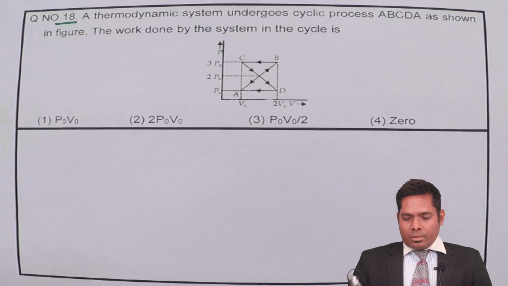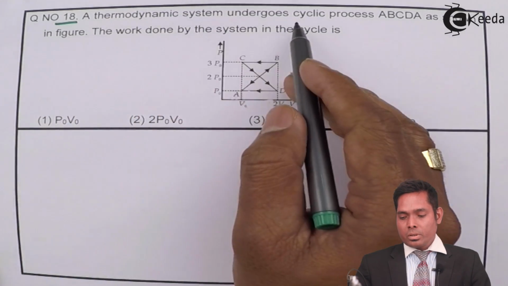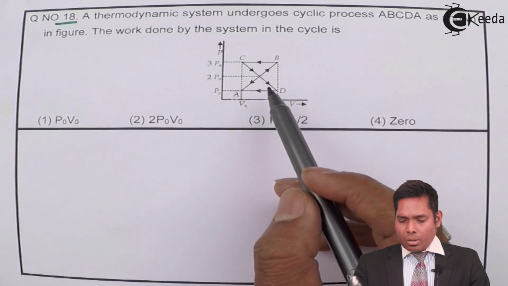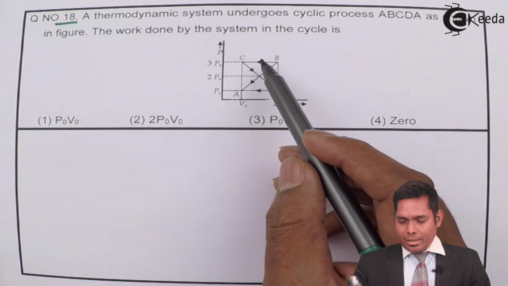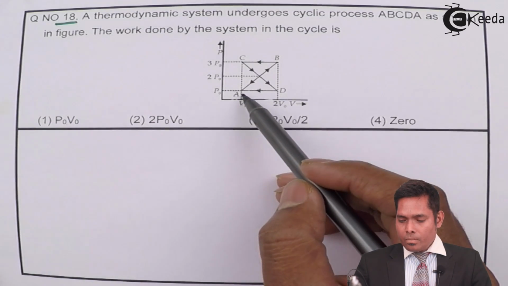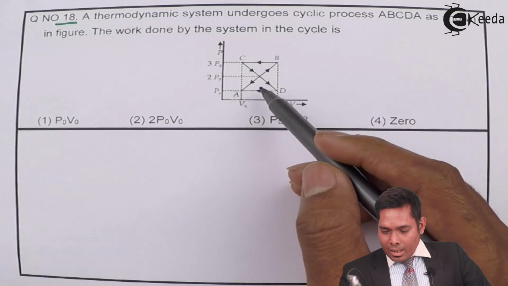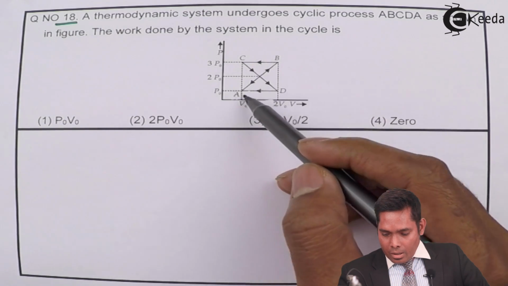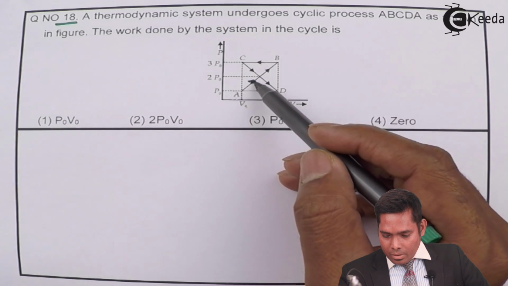Question number 18. A thermodynamic system undergoes cyclic process A, B, C, D, A. You can see there is a thermodynamic system A, B, C, D, A. This is a total cyclic process, as shown in the figure.